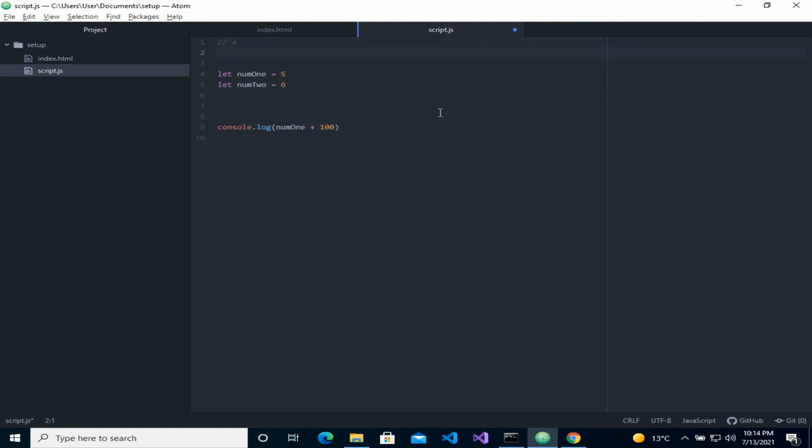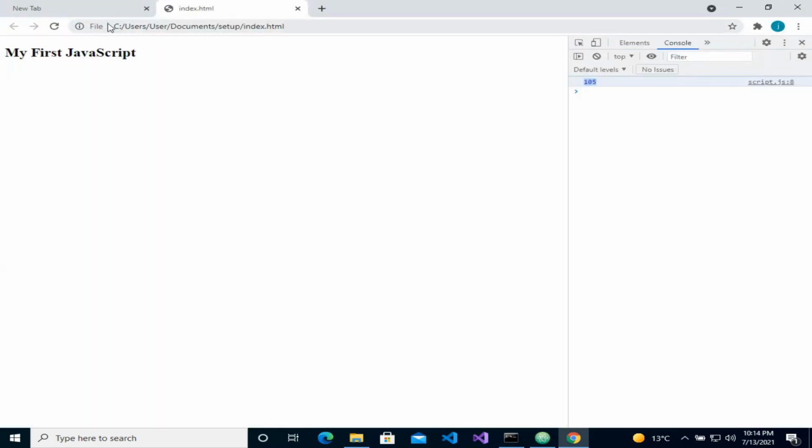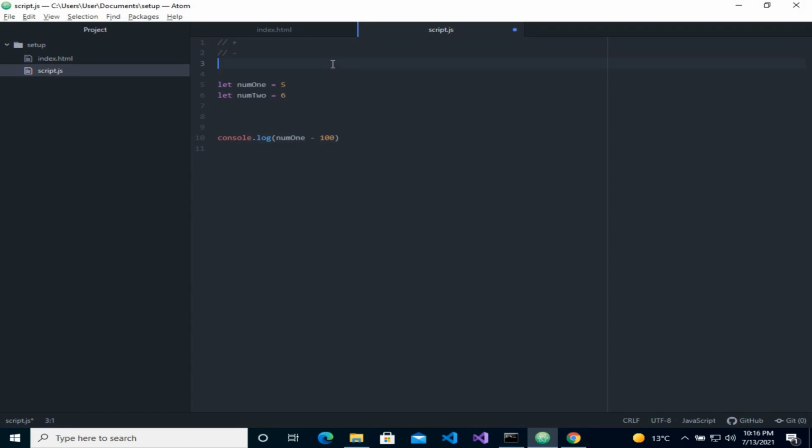operator, we have subtraction, which we can do what we did previously with the addition. We have the multiply operator.